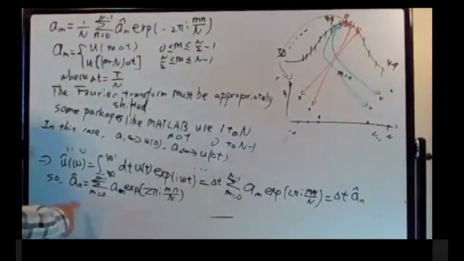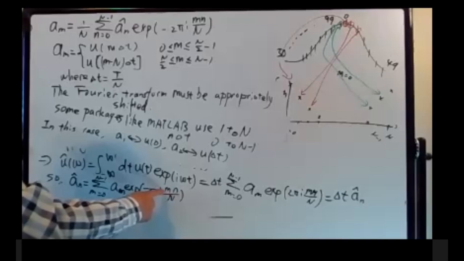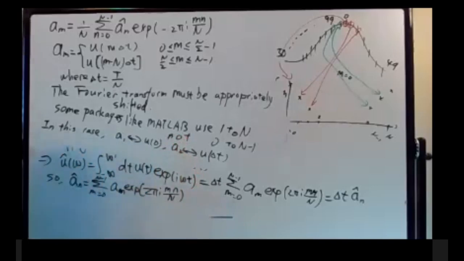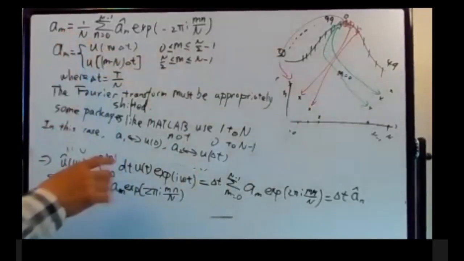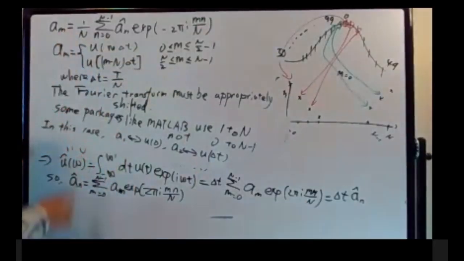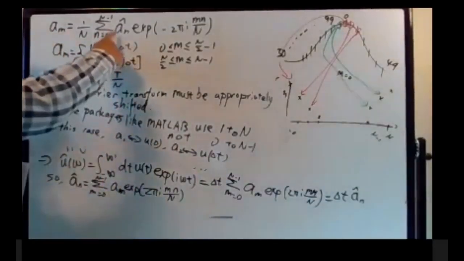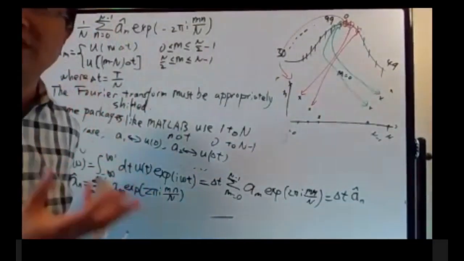And A1 uses that 2 pi i, where m goes from 0 to N minus 1. So you take a Fourier transform, and then you can take an inverse Fourier transform. Be aware, A_m is the signal in time domain, but A_n hat, the signal in frequency domain, has a ratio of delta t.